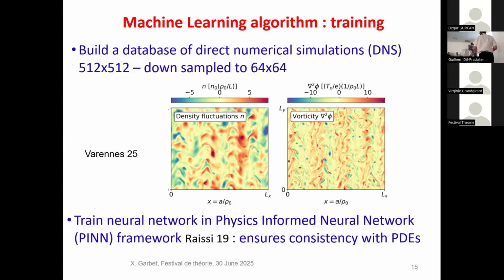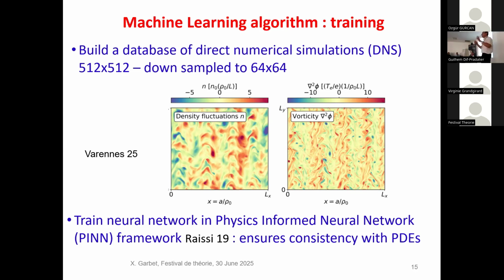Now, the usual procedure in the community is to use something called a physics-informed neural network. So what is this thing? The idea is that not only in the loss function do you minimize the distance between the data, the ground truth, and the predicted values, but you also minimize the norm of your PDEs.